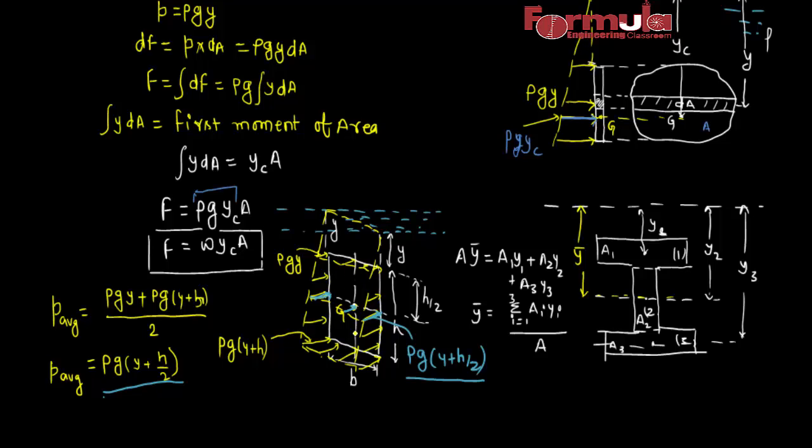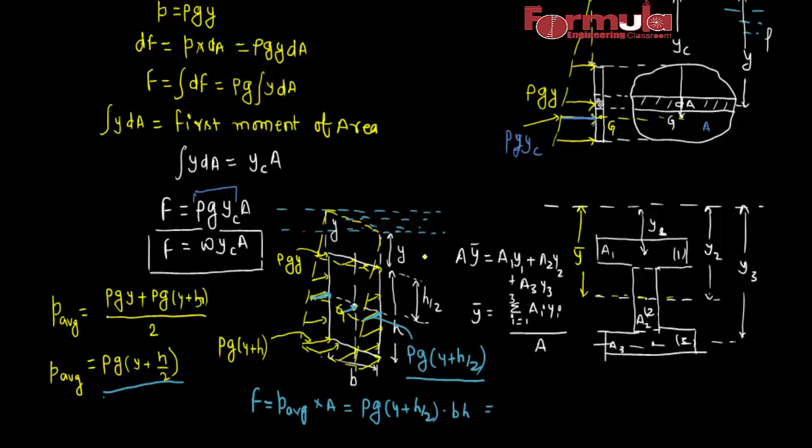And obviously, as we know the average pressure intensity is rho g y plus h by 2, and the area is b into h, so the force F will be equal to P average into area. So P average is rho g y plus h by 2 into bh.